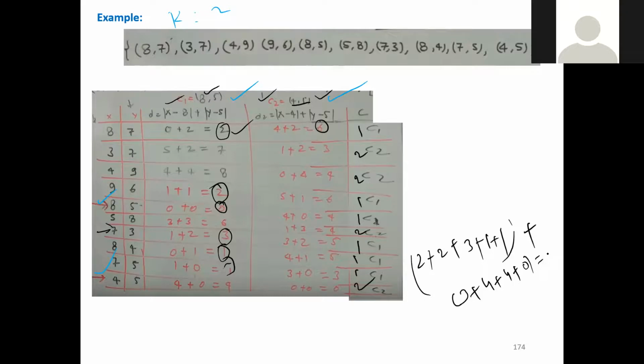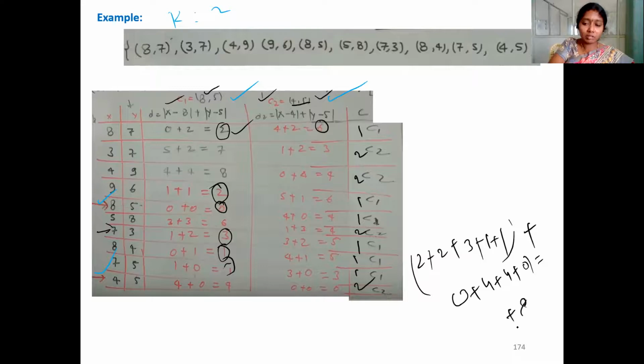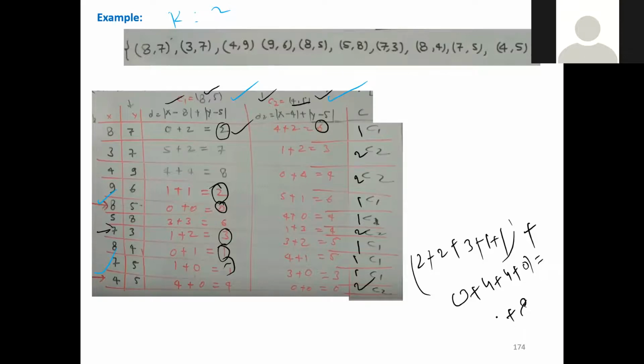Yes, ma'am. 8. Second cluster, ma'am. Okay. Total value. 8, second cluster ki 8, ma'am. Okay. 11. First cluster ki 9, ma'am. Total 17, ma'am. 17.